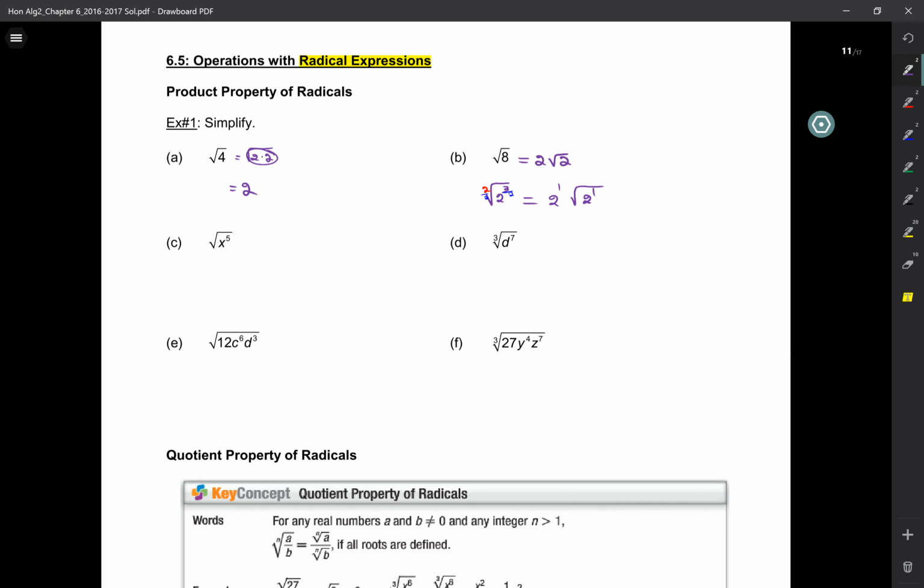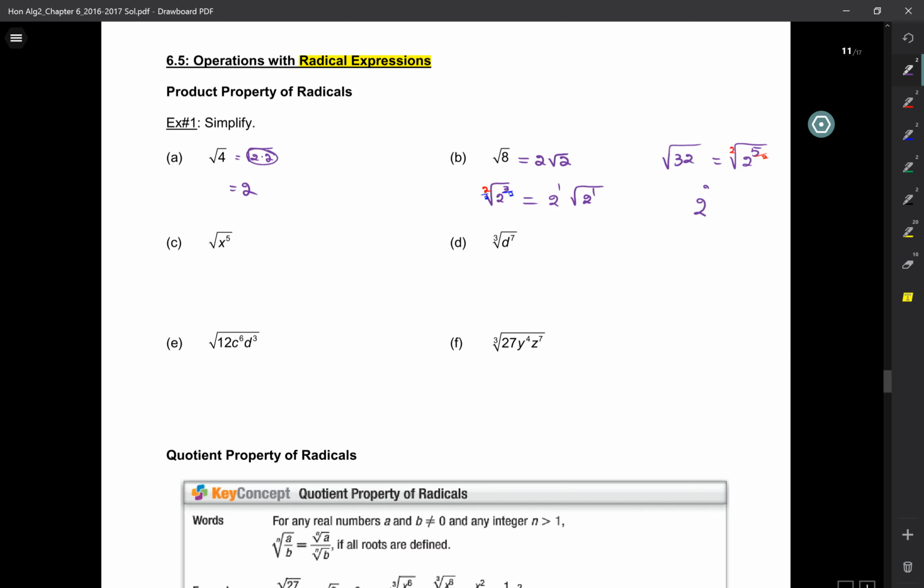So what if you had the square root of 32 then? How much is that? It's the square root of 2 to the power of 5, right? Now if we divide this 5 by 2, 5 divided by 2 is 2, remainder 1.